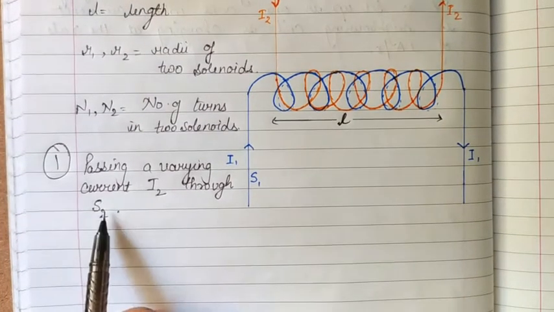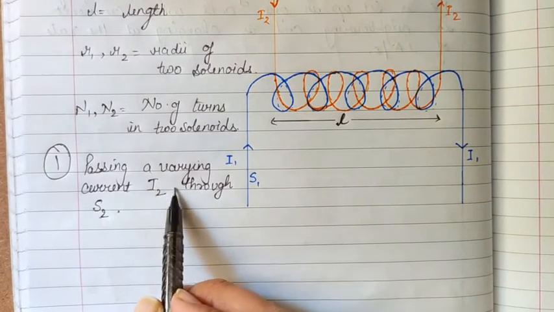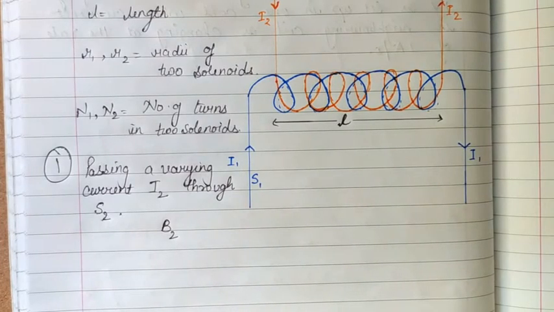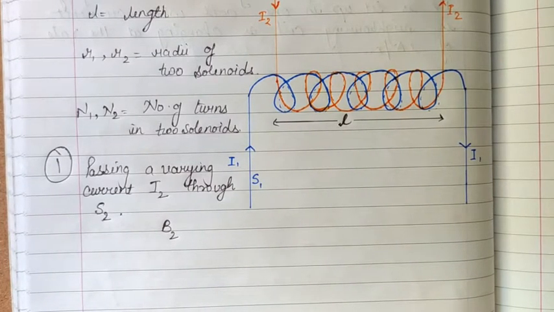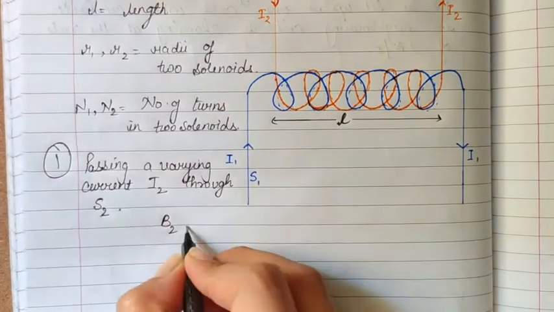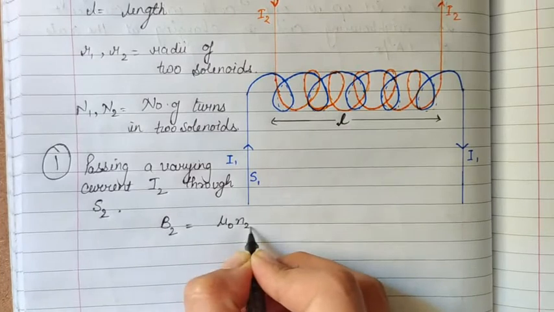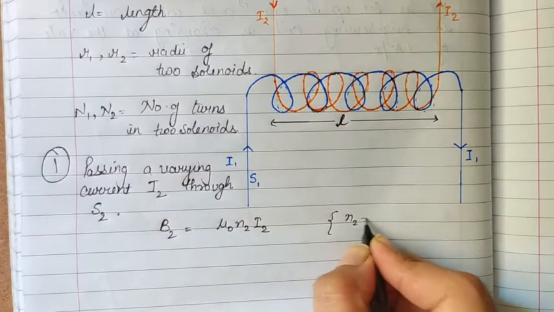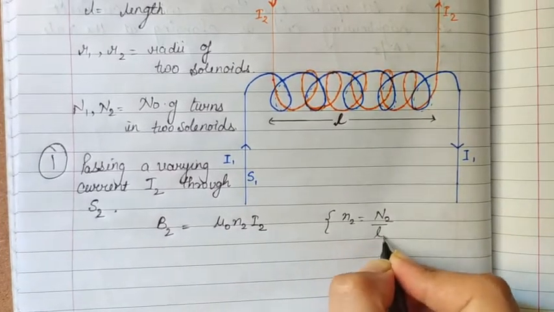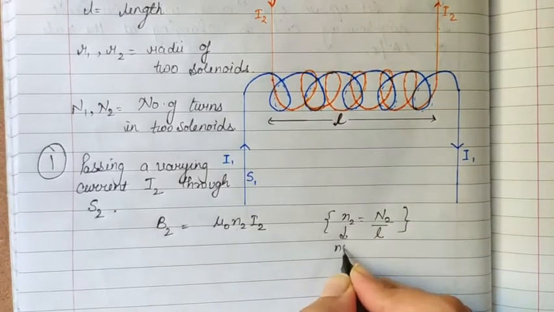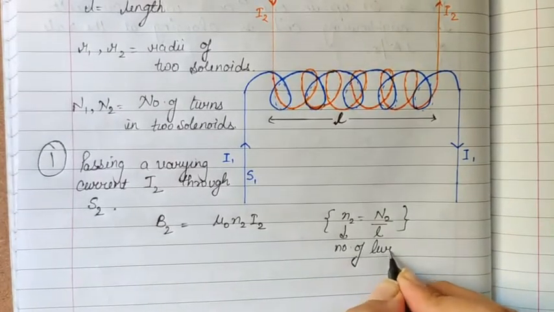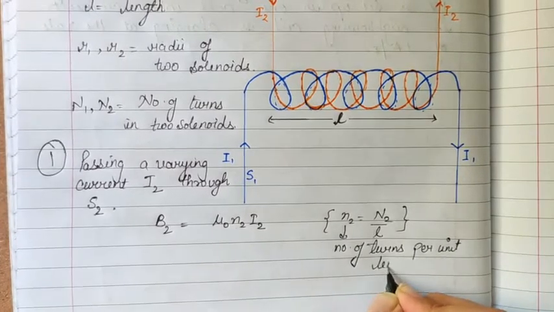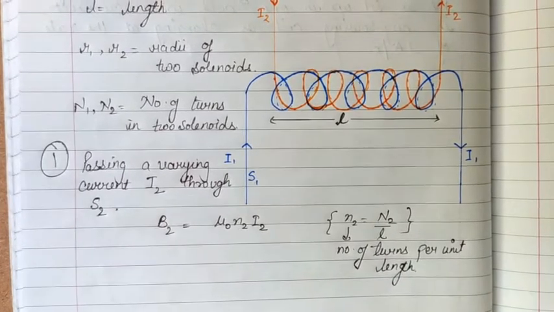Now the magnetic field inside S2, because of this current, is B2, and we know that the magnetic field set up inside a solenoid is mu naught n I. So B2 is equal to mu naught n2 I2, where n2 is the number of turns per unit length, that is N2 upon L. Capital N2 was the total number of turns in the length L, and n2 is the number of turns per unit length.